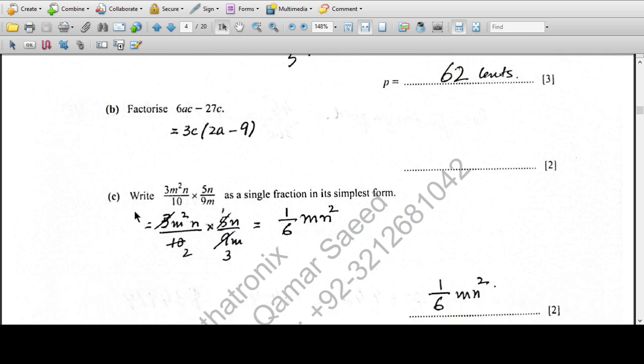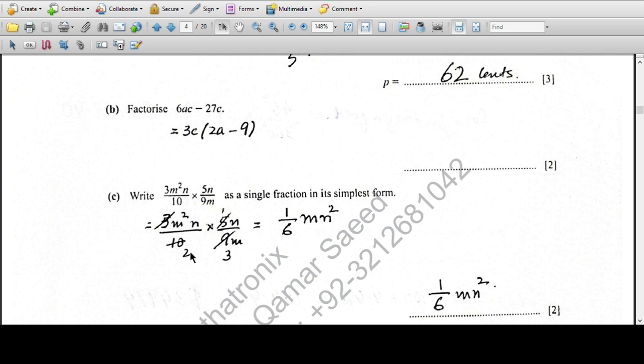And in part C, we have 3m square n divided by 10 into 5n divided by n, as a single fraction. So this 3 can be eliminated with this. So 3 divided by 3, 3 1 the 3 and 3 3 the 9. So 3 will be here and 5 to the 10.